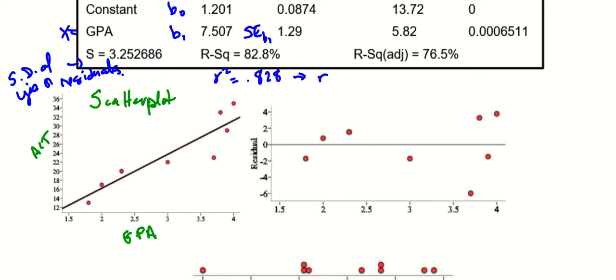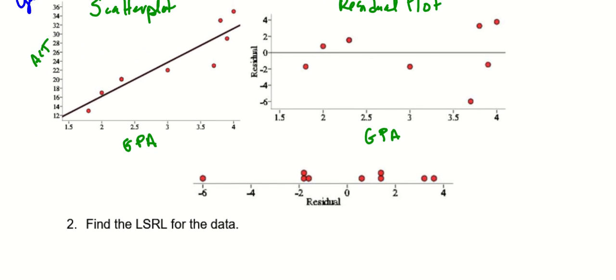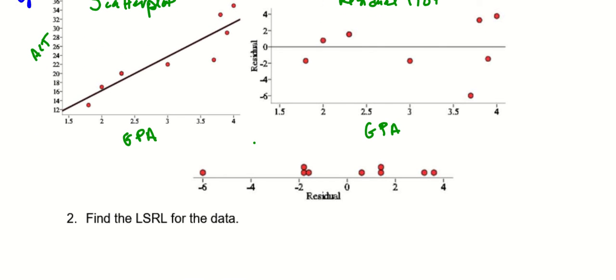So the second plot is our residual plot. And residual plots can plot Y values against residuals or X. These numbers are GPAs, so that's going to plot your residuals for Y against your X variable. And then finally, we have a dot plot of our residuals. Okay, so those range from -6 to 4.